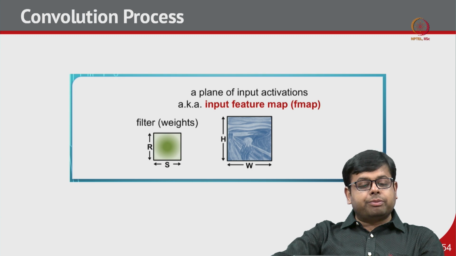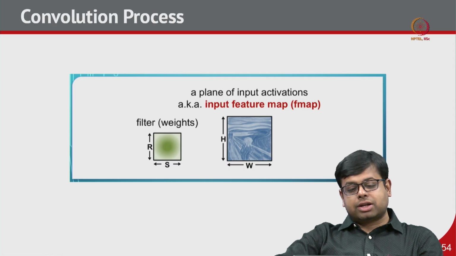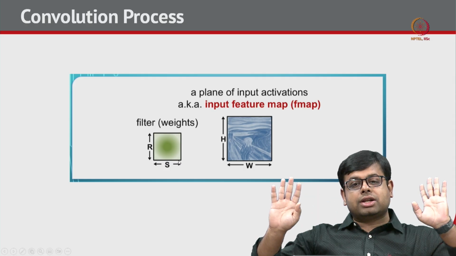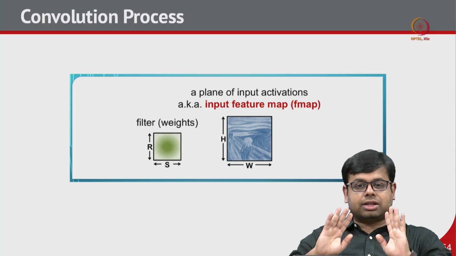So this filter actually helps to analyze the neighboring pixels. In this particular case, you can see that we have a filter of height R and width S. Whenever we say filter, that means the weights; they are just some numbers, nothing more, nothing less.